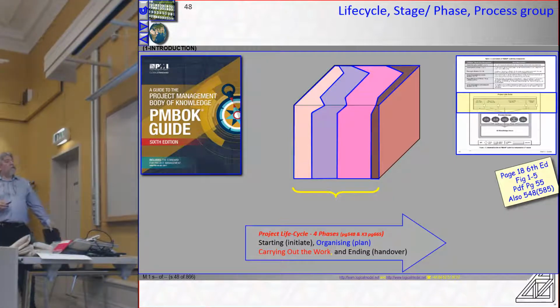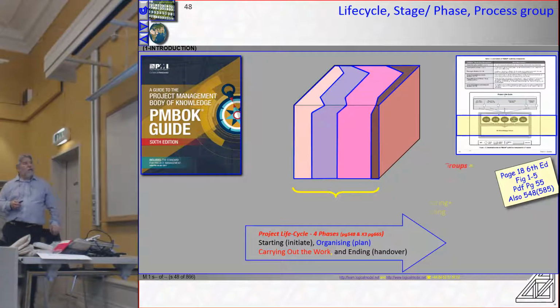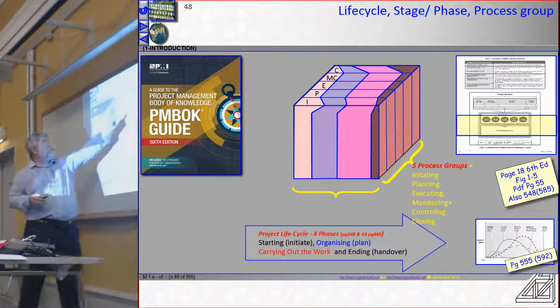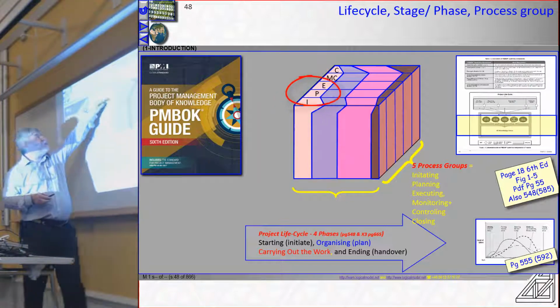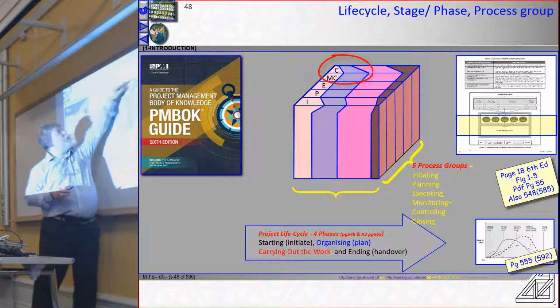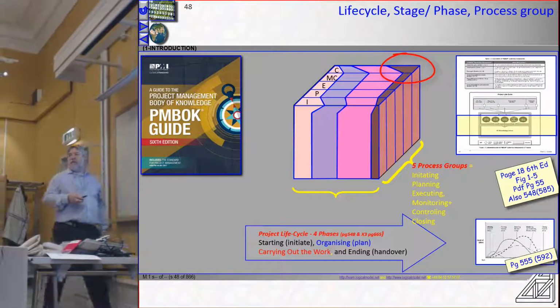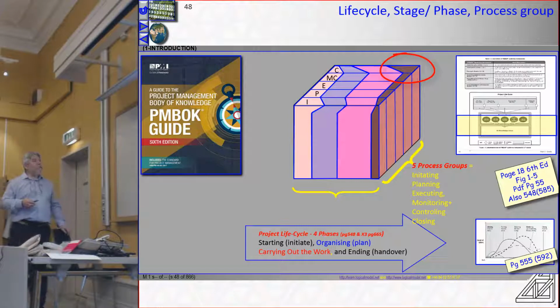And across that, we need to put the process groups. So the process groups are active within each of the life cycle stages. So we get the most initiating in initiating, and we get the least closing in initiating, but we get the most closing in closing, which hopefully doesn't confuse after the last diagram.